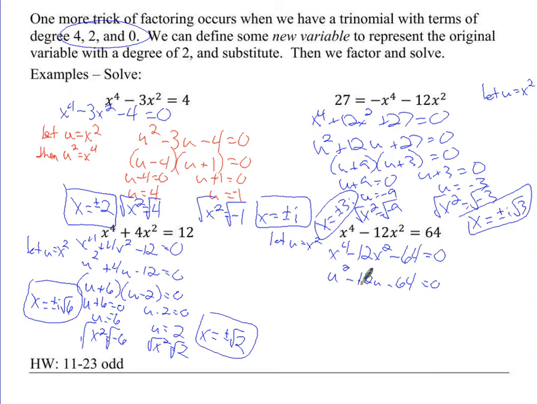And those do add to give me the negative 12 if I make the right signs. So what signs do I need? U minus 16, u plus 4. That does it. So now zero product property, u minus 16 equals 0, u plus 4 equals 0. Solve for u. U equals 16, u equals negative 4.